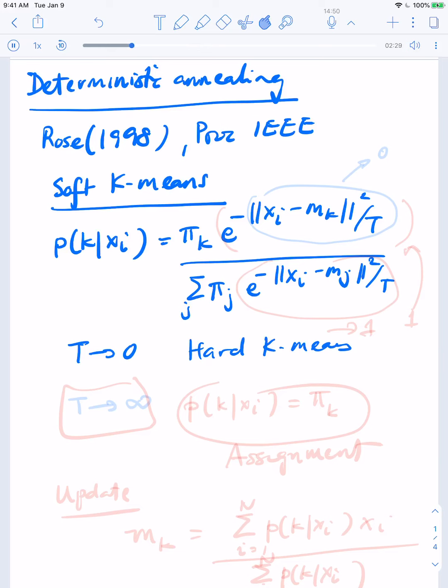What happens in the other extreme? What happens as T goes to infinity?